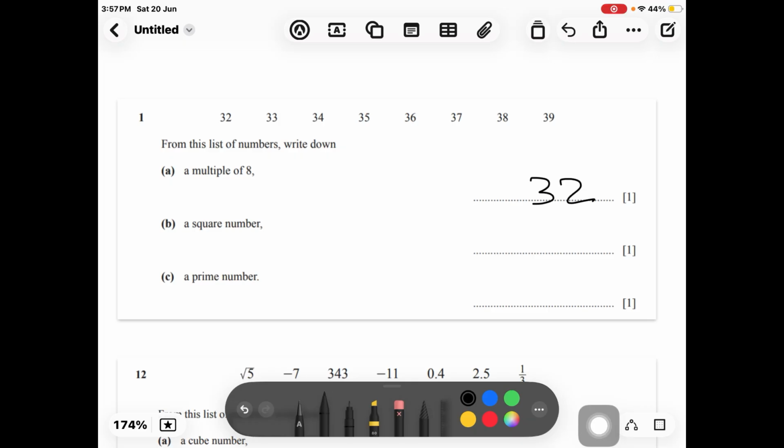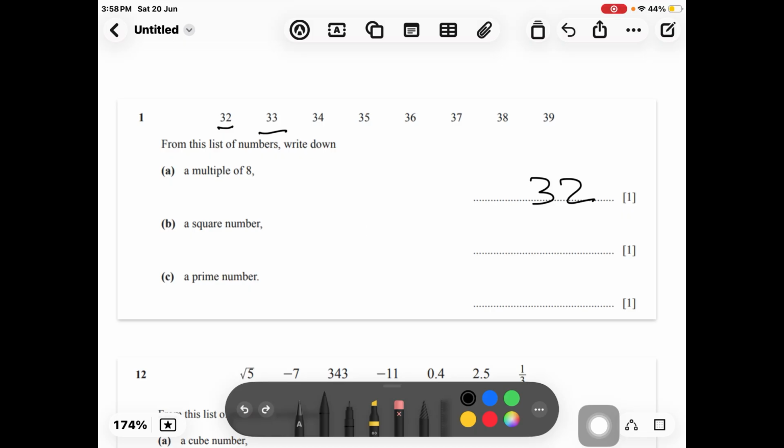Then a square number is a number multiplied by itself. Now over here, the factors of 32 are 4 and 8, 2 and 16, but none of them is a number multiplied by itself. So 32 is not a square number. After that, we have 33. 33 is 11 and 3, and then 1 and 33. None of them is a number by itself, so it's not a square number.